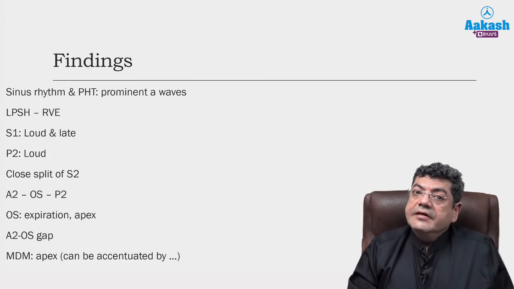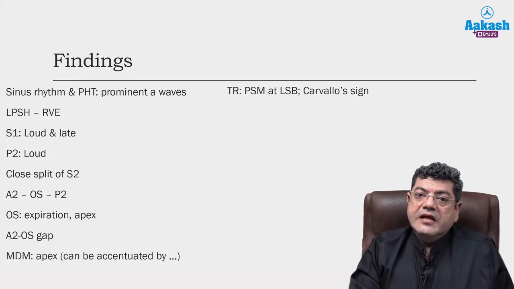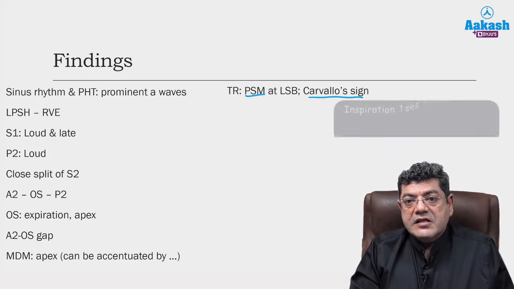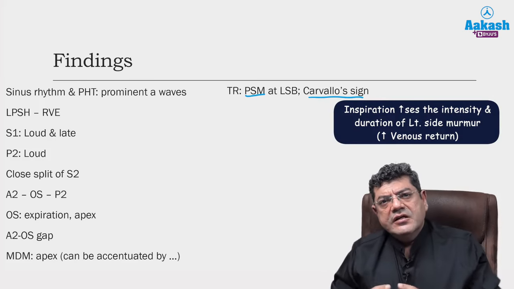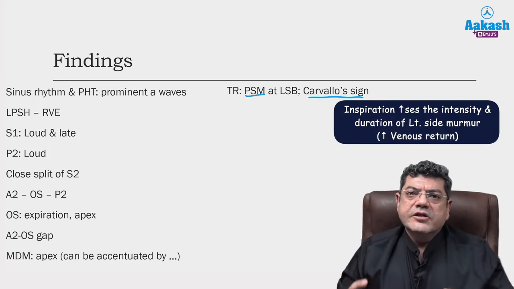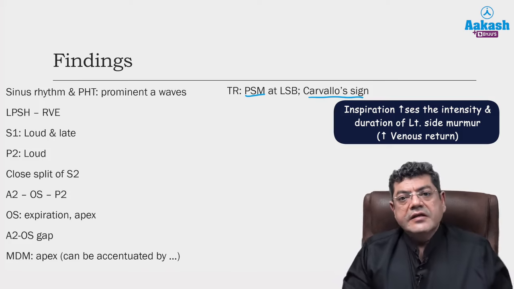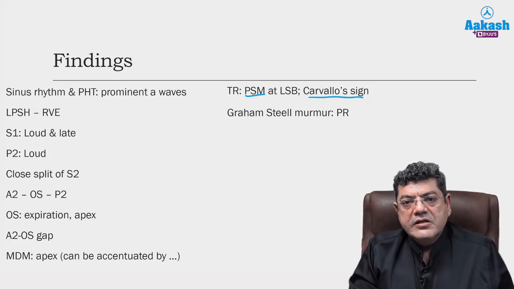Besides that, later on you will have secondary findings, the pansystolic murmur of tricuspid regurgitation. Carvallo's sign is that inspiration increases the intensity and duration of right-sided murmurs because of increased venous return with inspiration. You can also hear the Graham Steell murmur of pulmonary regurgitation.